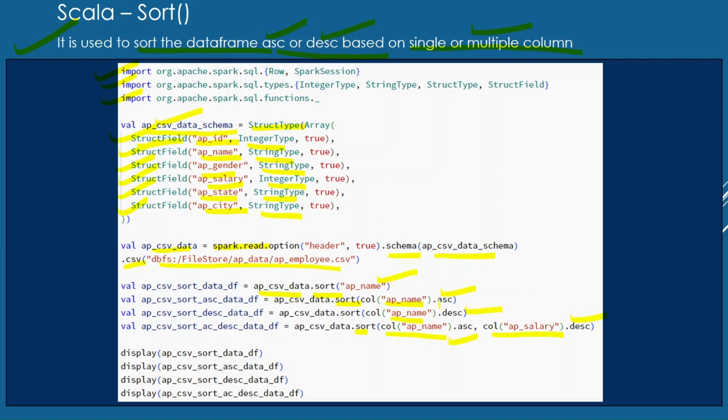Let's discuss something about ascending and descending order. For instance, AP name is a string type column.